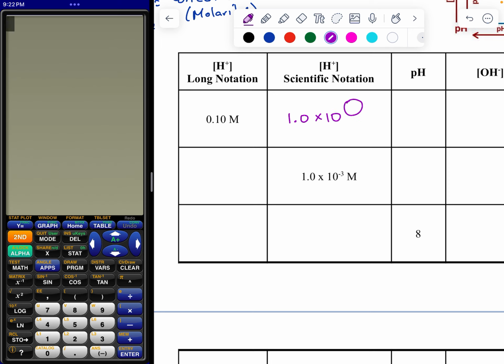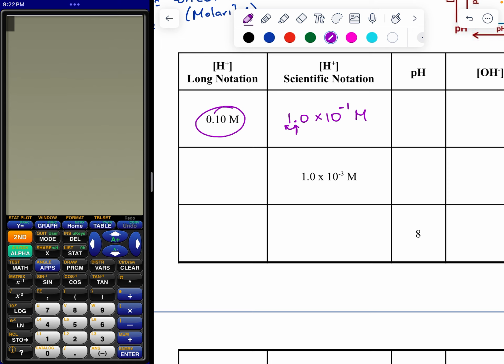So in order to get this number right here, we just have to figure out how many times I have to move this decimal forward or backward to get this. And I see that I moved it back once to get 0.1, which means that this is negative since I moved it backwards, and 1.